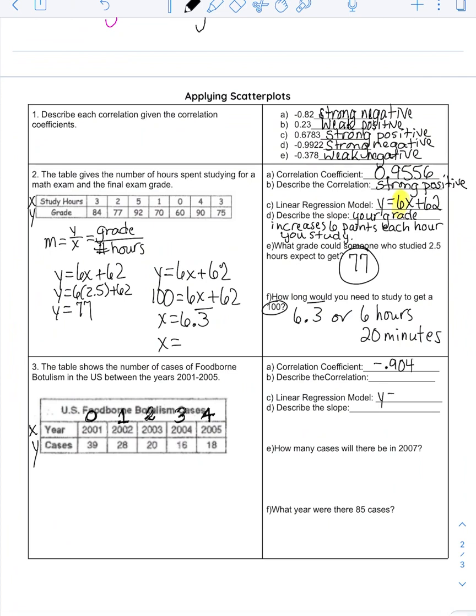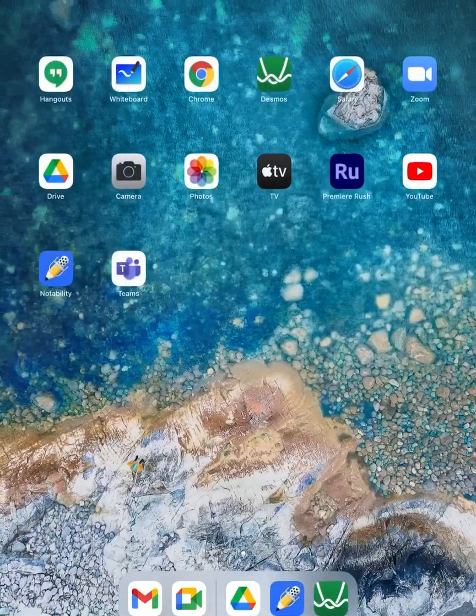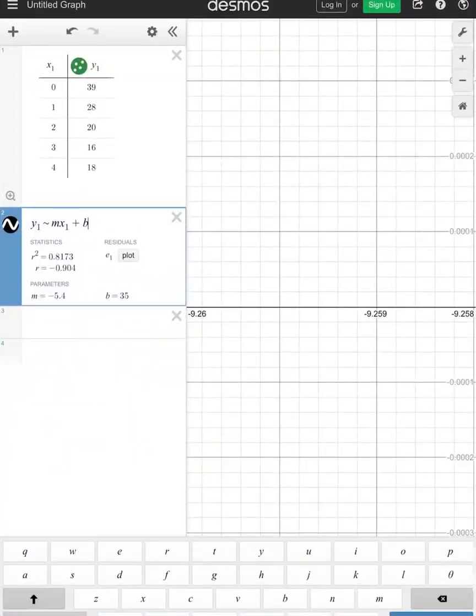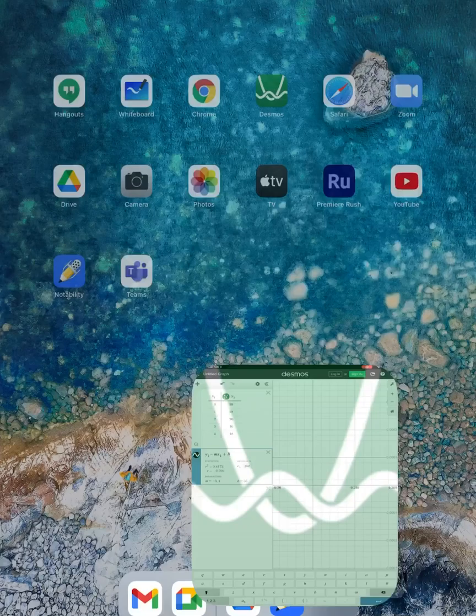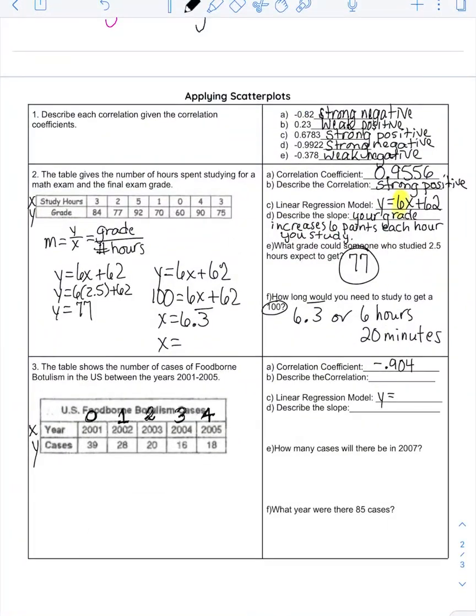And again, I'm going to round to the nearest whole number just for this example. Remember, if it's on a test, use your answer choices to help you. But for this, I'm going to use whole numbers. So y equals negative 5x plus 35.